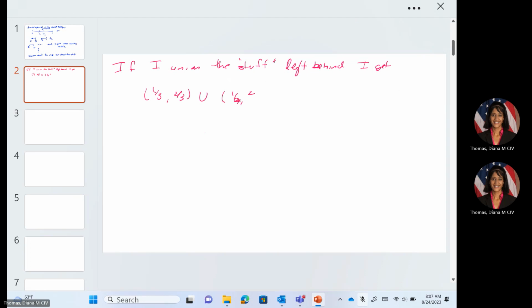And 1/9 to 2/9 union 7/9 to 8/9. The stuff you removed, the stuff in between the dust, is open because it can be represented as a union of open intervals.